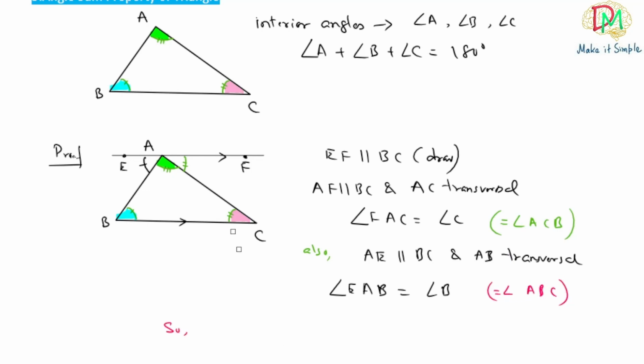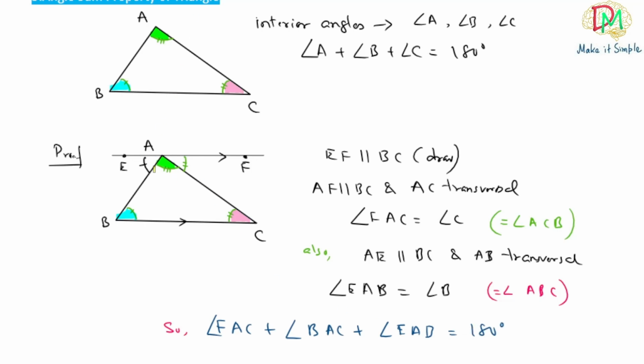ABC. So we can write angle FAC plus angle BAC plus angle EAB is equal to 180 degrees.